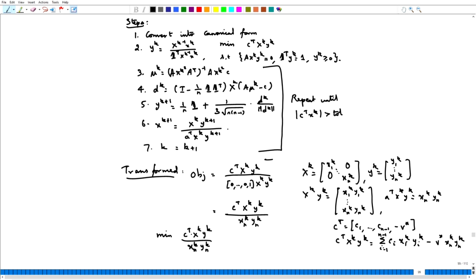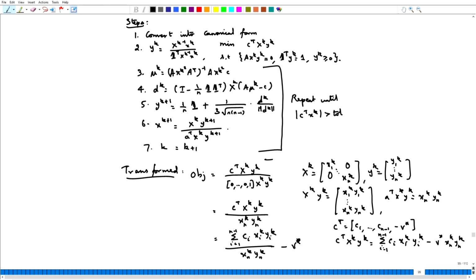So, the objective function then becomes the summation of C I x I k y I k, I equal to 1 to n minus 1, by x n k y n k, minus V star.